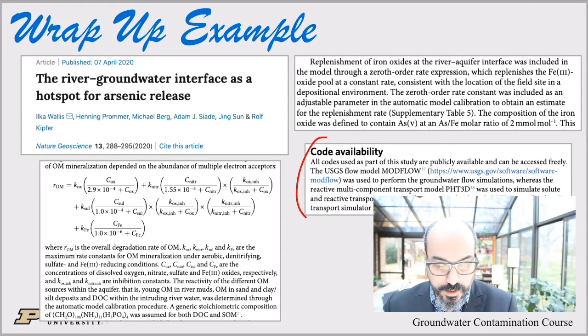Now, here is the code availability section of the paper, and you can see that the authors used the USGS ModFlow model, right? And we've already covered it in the other courses, in the well hydraulics, in the first topic, in the first one-credit course.